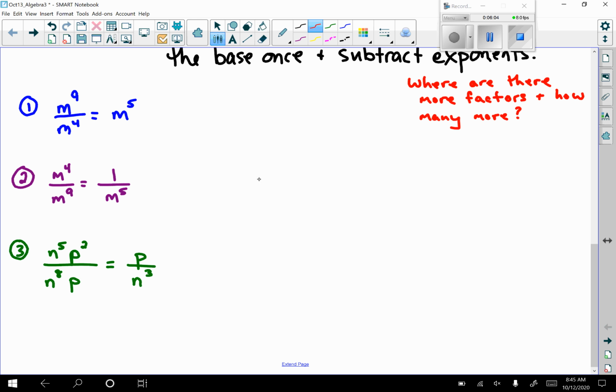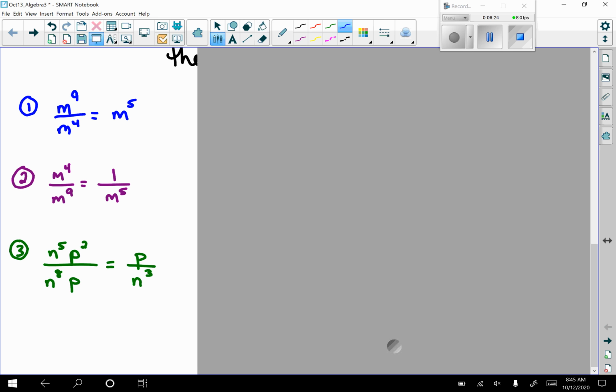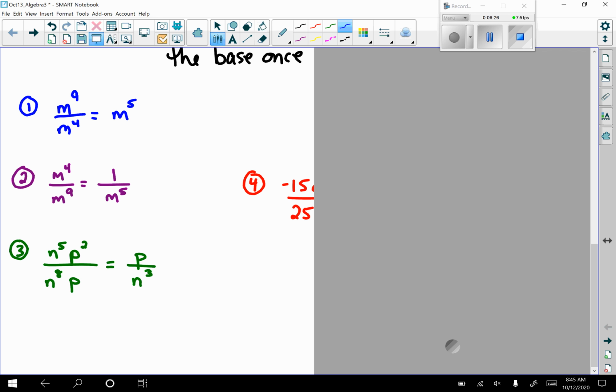Now let's bring in some coefficients as well. So let's say we have negative 15 a to the 4th b cubed over 25. Let's do a to the 10th and b. Now the coefficients, imagine if I were to just give you the fraction negative 15/25.